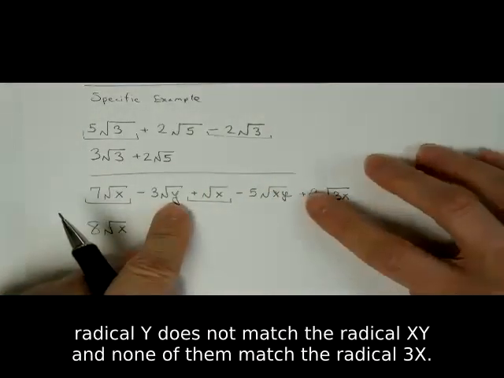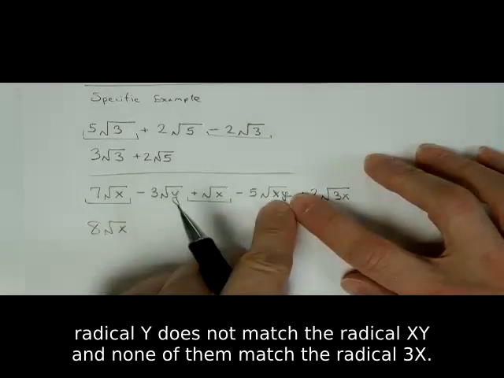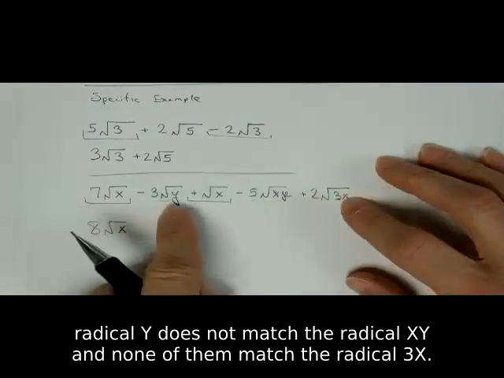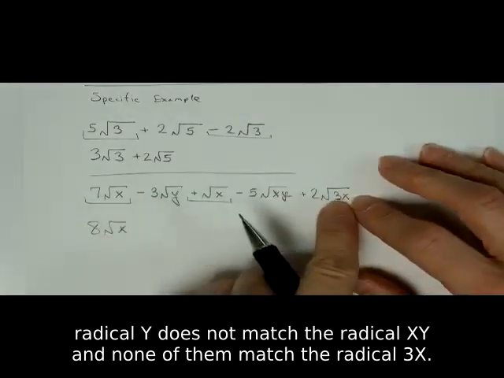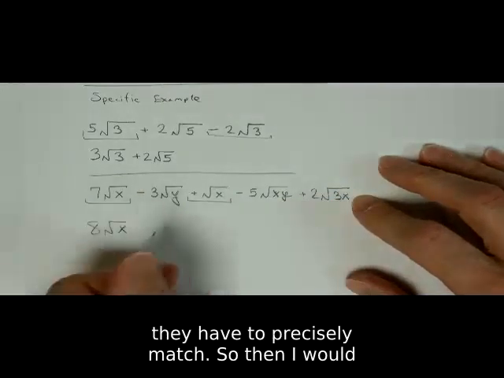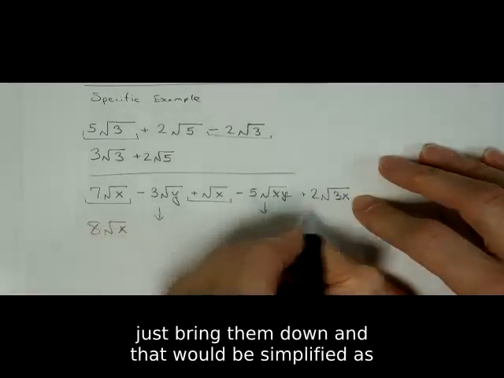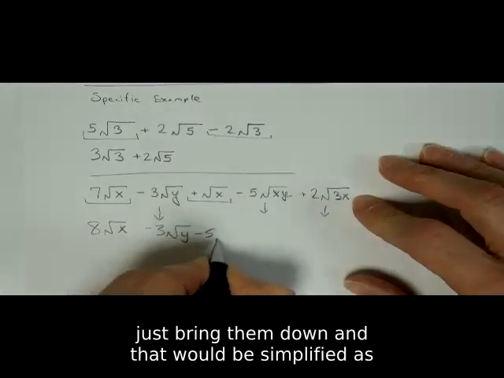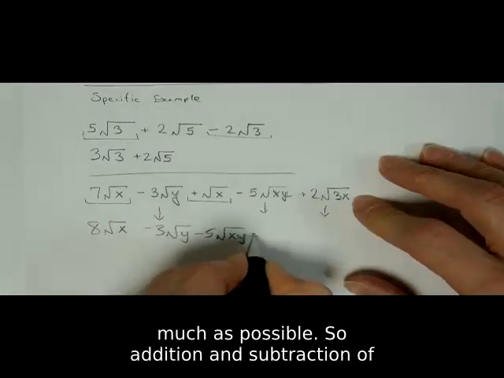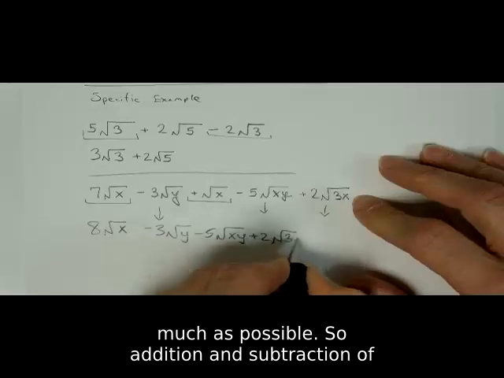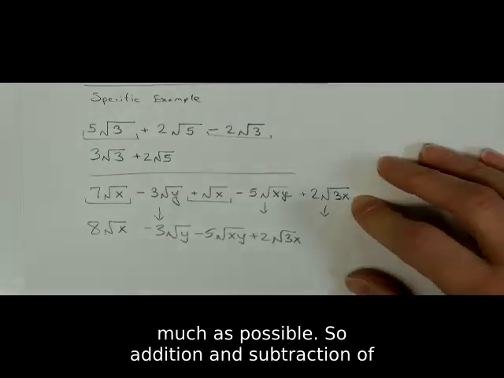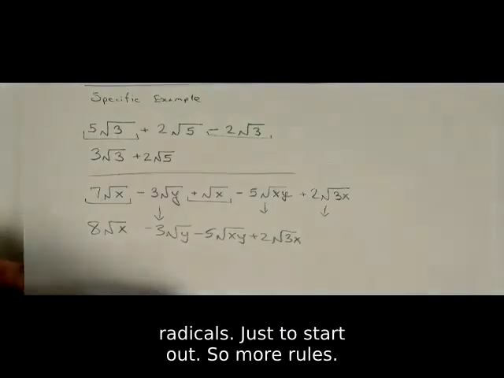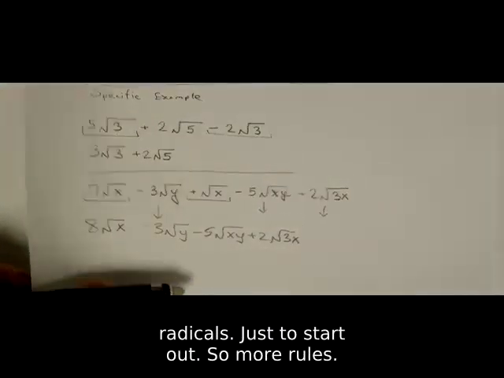The radical y does not match the radical xy, and none of them match the radical 3x. They have to precisely match. So I would just bring them down, and that would be simplified as much as possible. So that's addition and subtraction of radicals, just to start out.